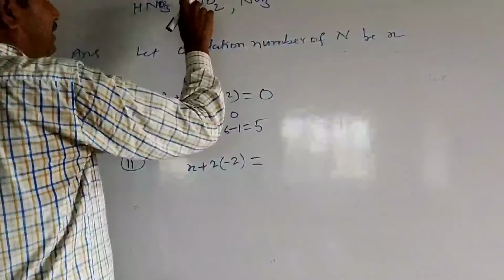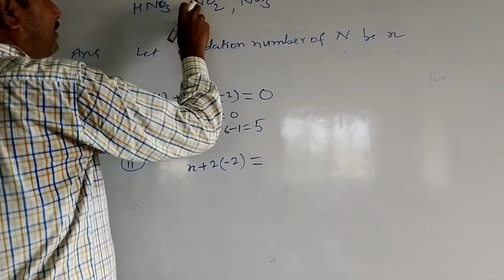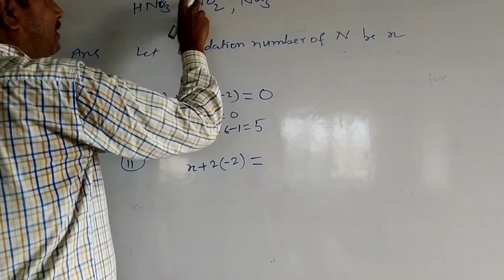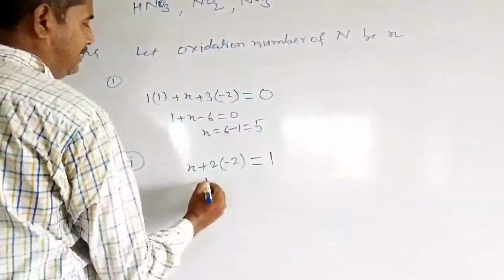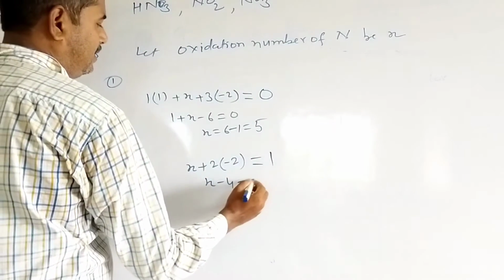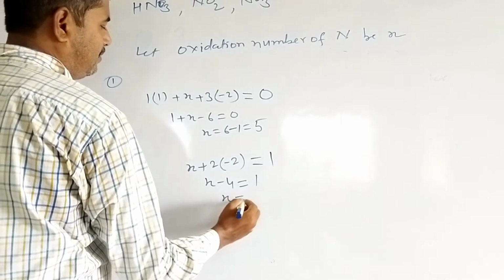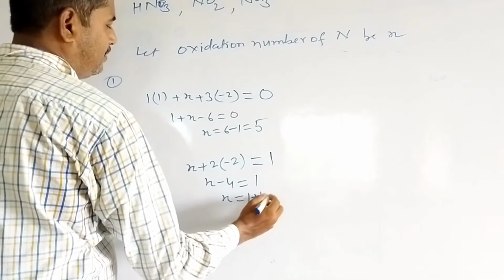Nitronium contains 1 plus charge, so we write 1. So X minus 4 is equal to 1, or X is equal to 1 plus 4, that is 5.